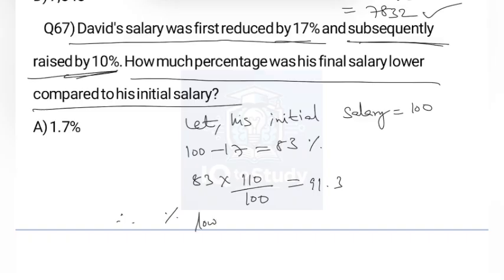So, percentage lower is equal to 100 minus 91.3 by 100 into 100, which is equal to 8.7%.